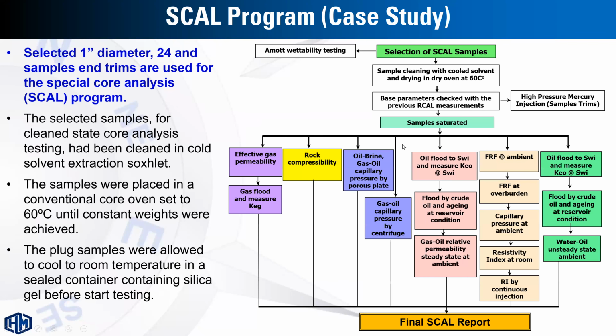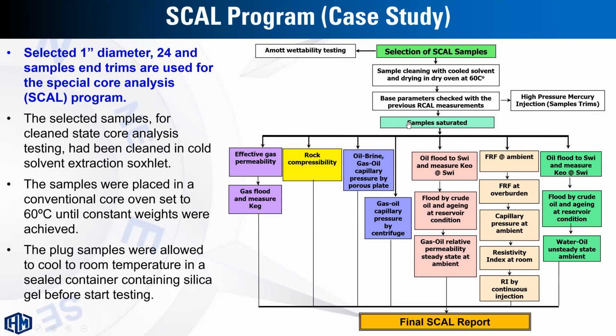Simply, once the samples are selected to cover all of the flow units and rock types, we can start the SCAL program. As you can see, mostly we have the basic measurements, starting with the wettability measurements. High pressure mercury injection can be applied on the small samples or in the trams.